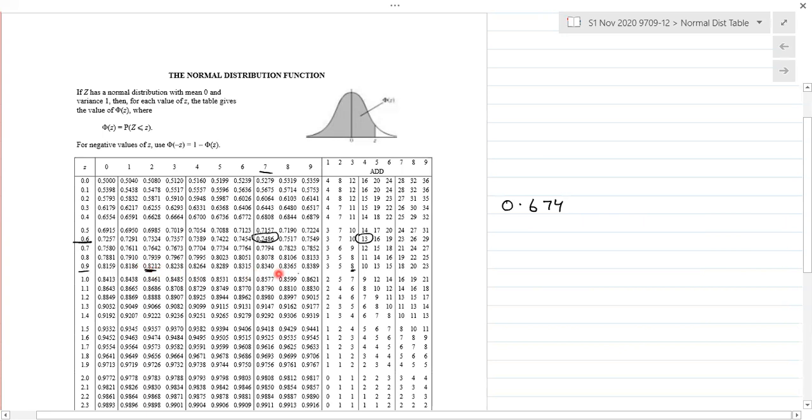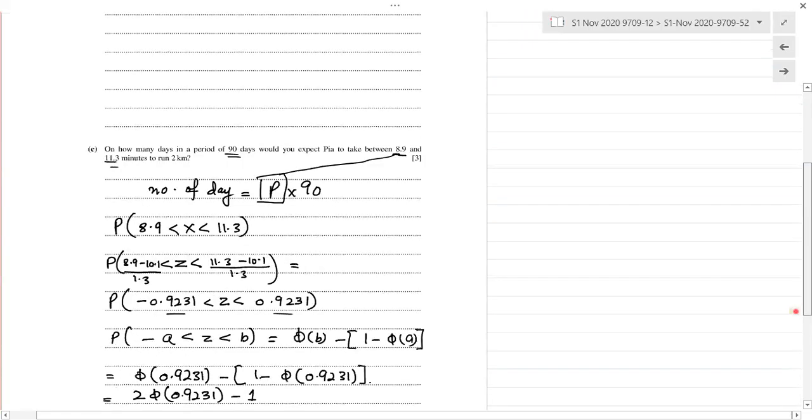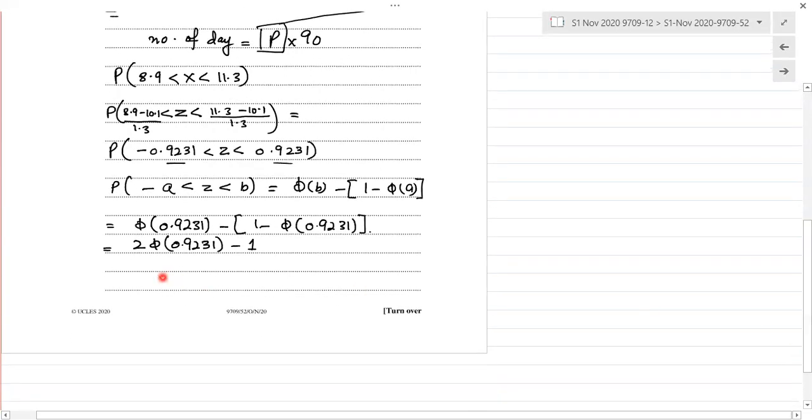So 3 is going to be 8. So we're getting the same value, 0.822, like we got before. So that's going to be 2 times the value we are getting from the table, 0.822, minus 1. And we get the probability as 0.644.